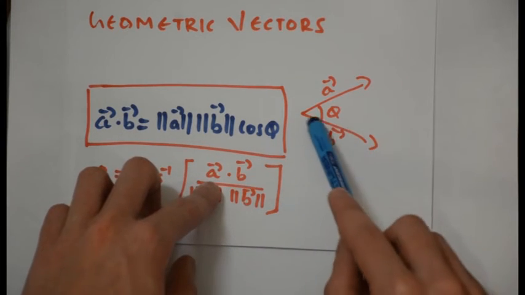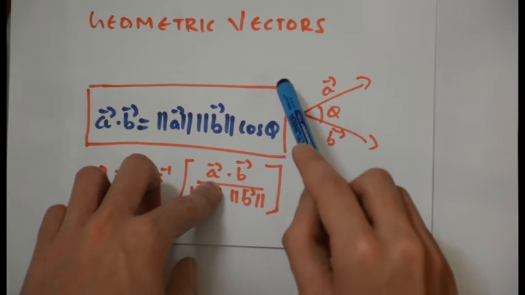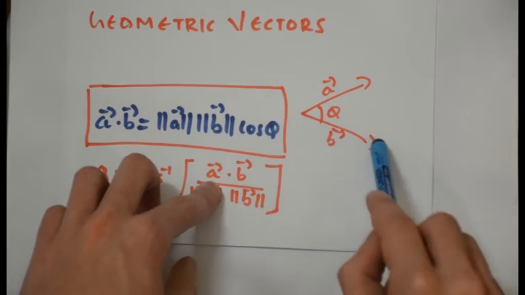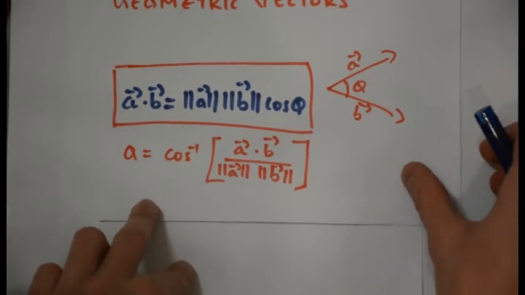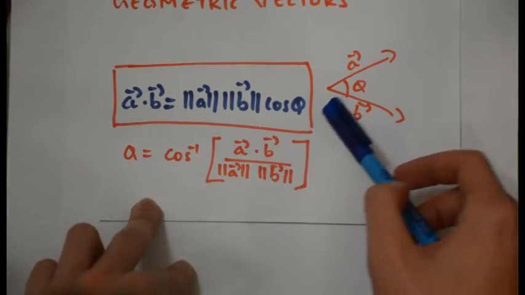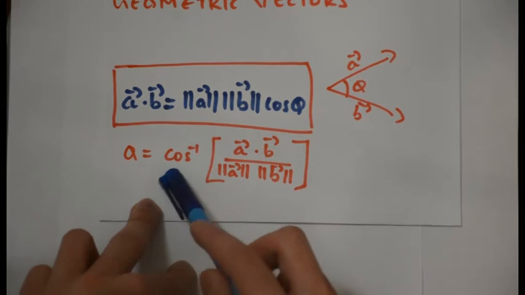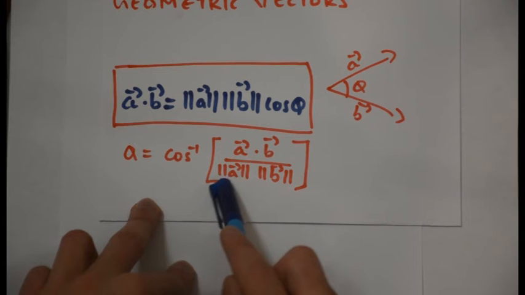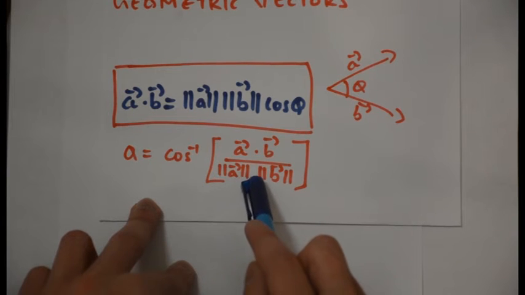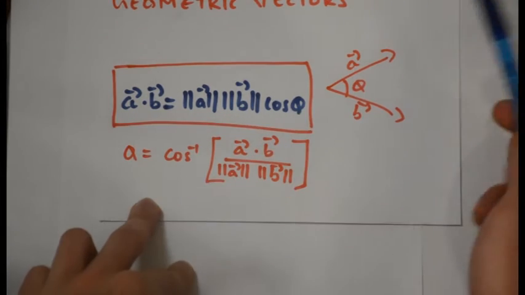For example, if this vector would be here, you wouldn't take this angle, you would move it to here and make it tail to tail. This formula can be rearranged to find the angle by taking the cos inverse of a dot b over the magnitude of a times the magnitude of b, which is just the same formula, just rearranged.